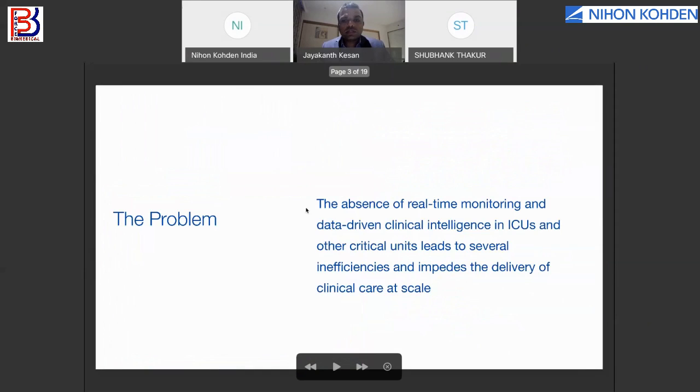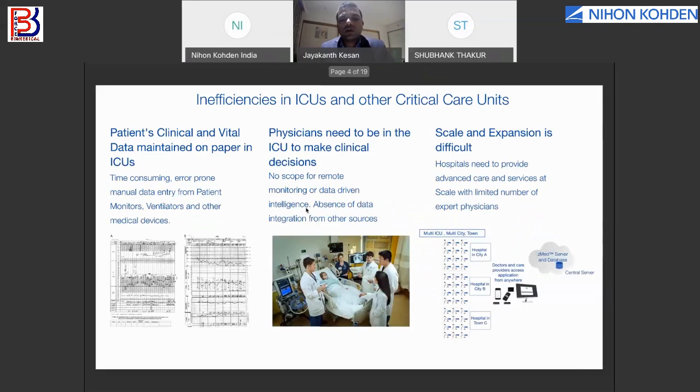The actual problem is that in most of these critical care units, there is an absence of real-time monitoring and an absence of data-driven clinical intelligence. This has led to several inefficiencies that pile up and impede the delivery of clinical care. I would say there are three top inefficiencies.